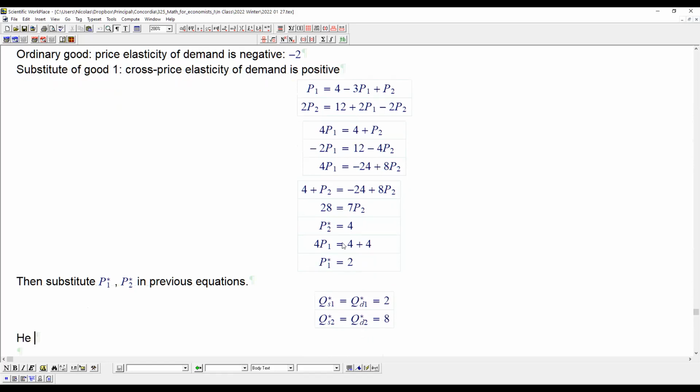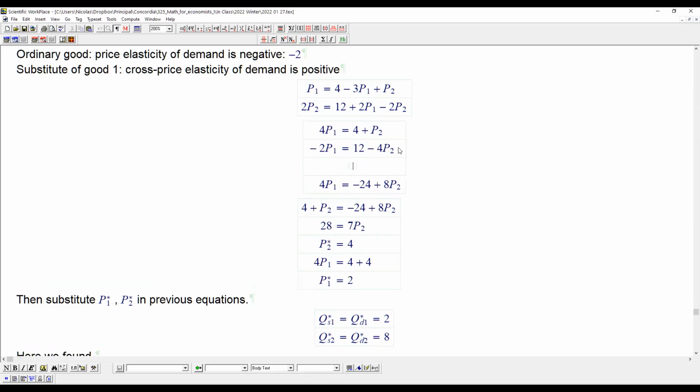So here we found, okay, maybe I made a mistake. You're referring to 4P1 equals minus. I'm going to say what I did here. Here I took this and I multiplied it by minus 2. So times minus 2, I get 4.